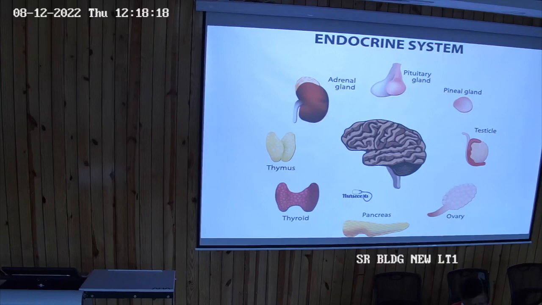Now the point is, you measure the calcium level. My next question is, how do they increase the calcium level? Listen, what they do is stimulate the bones.